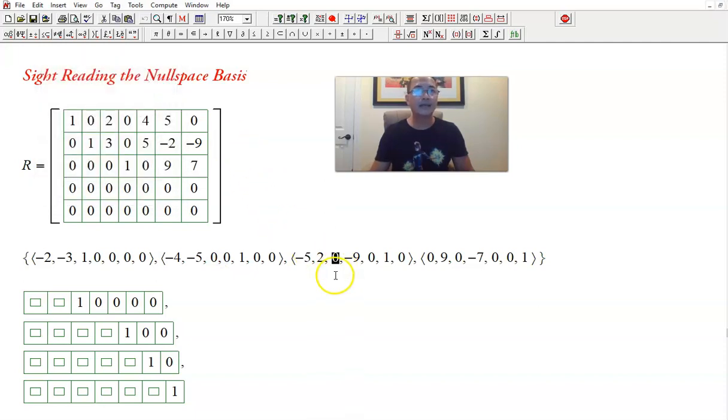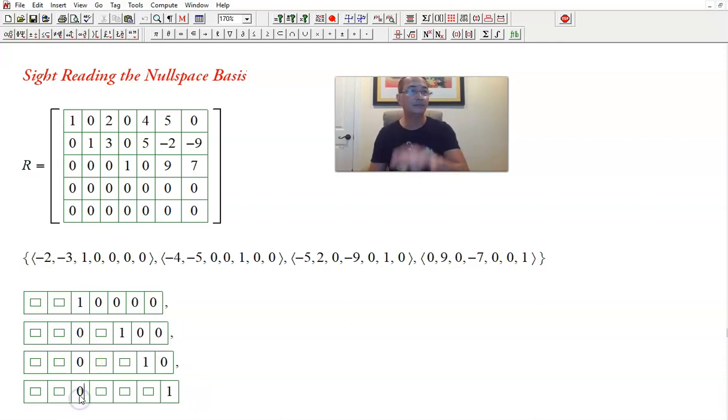So it's kind of like when we did the REF, where as soon as you have that 1, everything else in the column has to be 0. So that has to be 0. Underneath that 1, those should be zeros. So those are zeros. Under that 1, that's a 0.